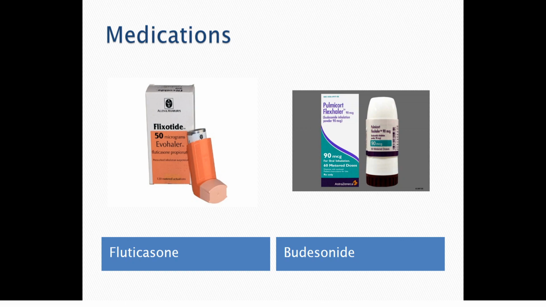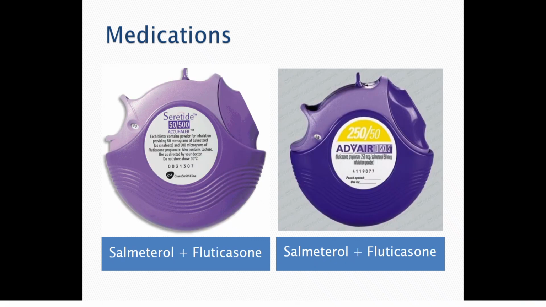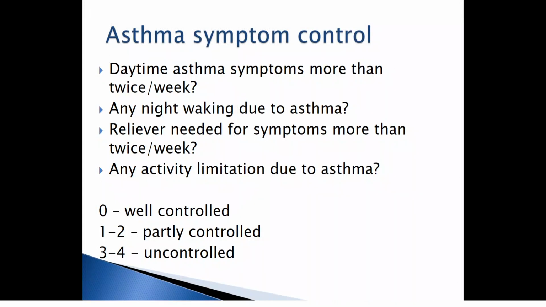Brand names: fluticasone, one of the company names is Flixotide; budesonide, Pulmicort. Combined medication of inhaled corticosteroid plus beta-2 agonist: salmeterol plus fluticasone, Seretide, Advair, and newer drugs. And after usage of medication, you have to check its effectiveness.